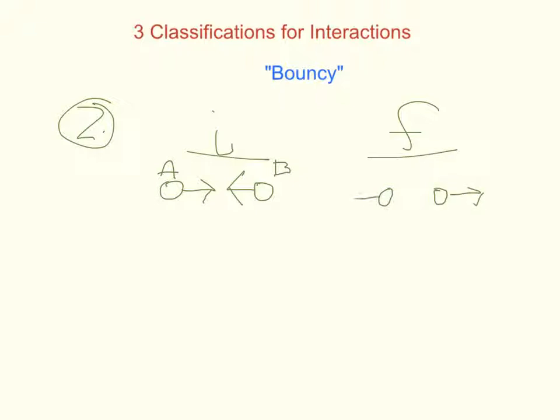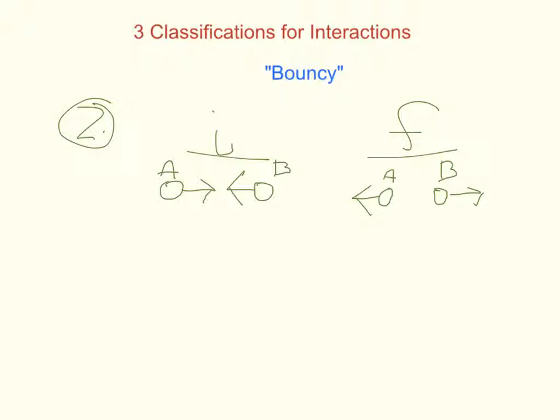So you can imagine this particular interaction almost being like a head-on collision, where two objects are heading towards each other, they make contact, they bounce, and then they rebound in the opposite direction of their incident velocities.